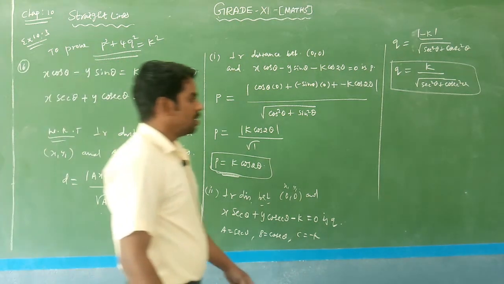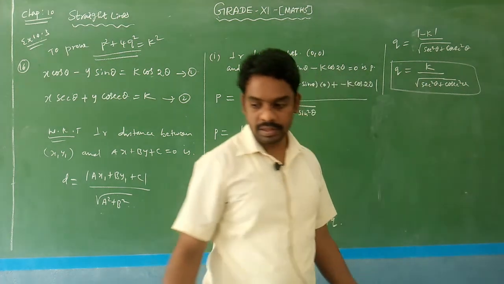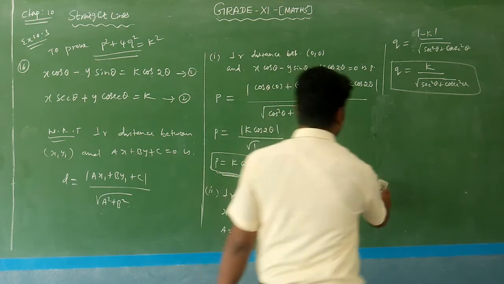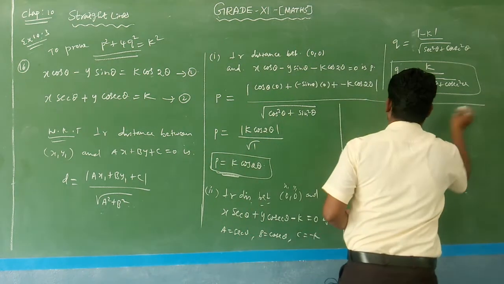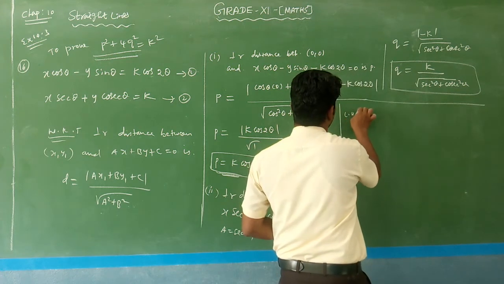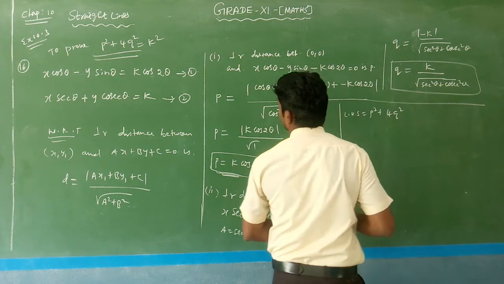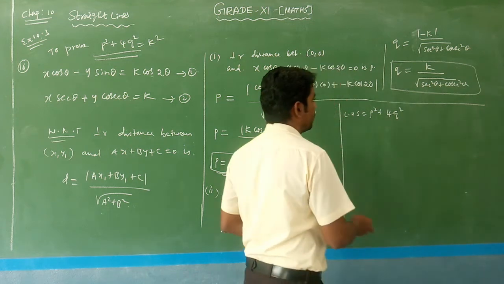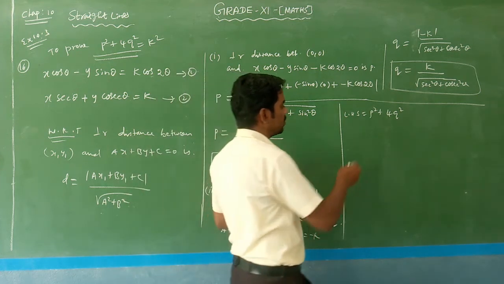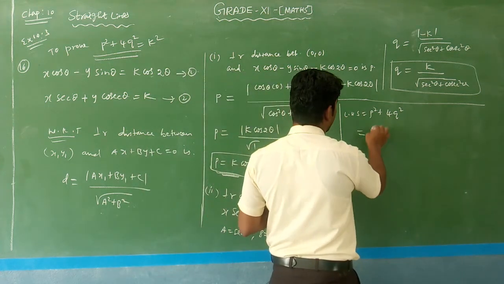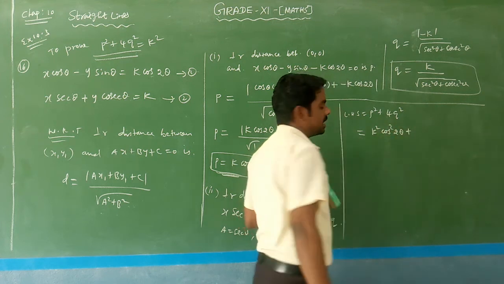So consider the LHS, p squared plus 4q squared. P is k cos 2 theta, so k cos 2 theta whole square is k squared cos squared 2 theta, plus 4q squared.